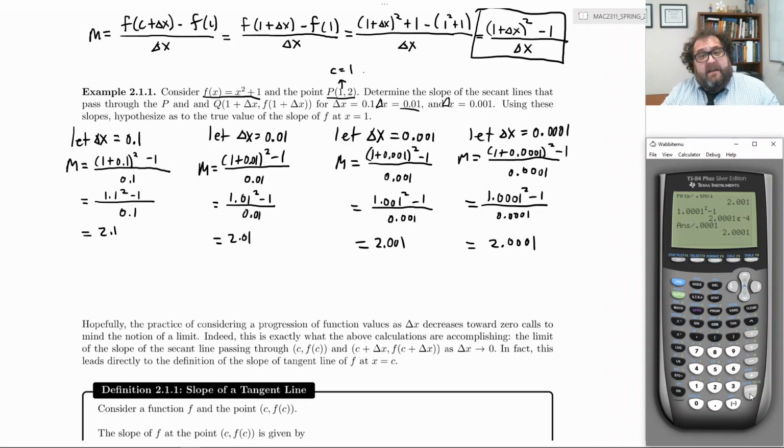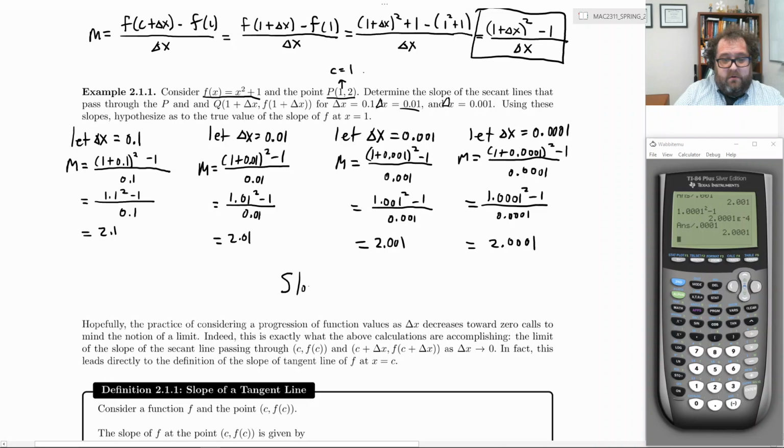So hope you recognize this. We're taking a limit. We're letting delta x get closer and closer to 0. We're taking the limit as delta x goes to 0. So this is kind of like using a table of values to evaluate a limit like we did in the previous chapter. So what does the pattern here show us? Well, to me it says, I bet the true slope is 2.